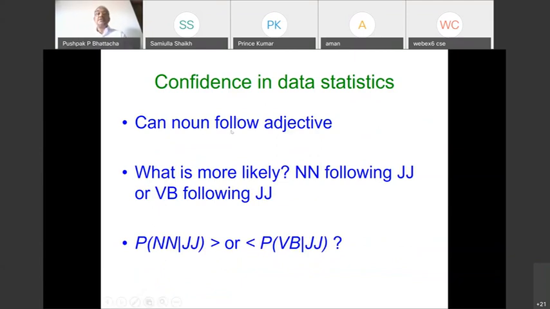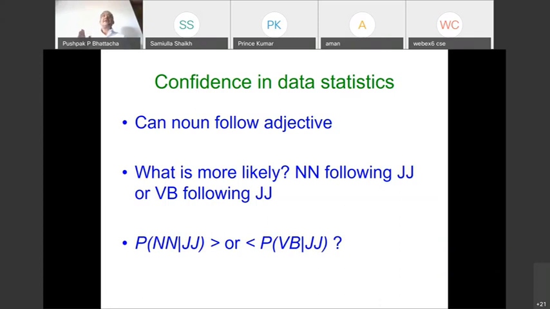We ask, can a noun follow an adjective? And what is more likely, a noun following an adjective or a verb following an adjective? So, is the probability of noun given adjective greater, or the probability of verb following adjective greater? This is expressed in terms of conditional probability: probability of NN given JJ or probability of VB given JJ, which value is higher?